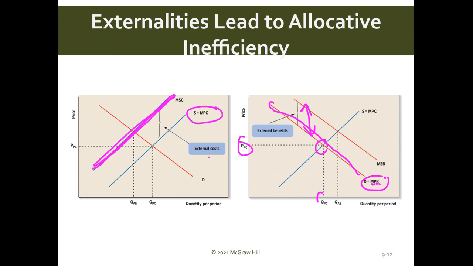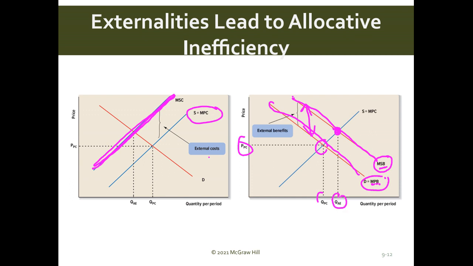So if we add external benefits, then total benefits definitely will be higher than private benefits. This is what we call marginal social benefits, like marginal social costs. The moment the marginal social benefit is higher than marginal private benefits, the equilibrium will be here. That is where marginal benefit equals marginal cost, or demand equals supply. And you can see the output should have been the allocative efficient level.